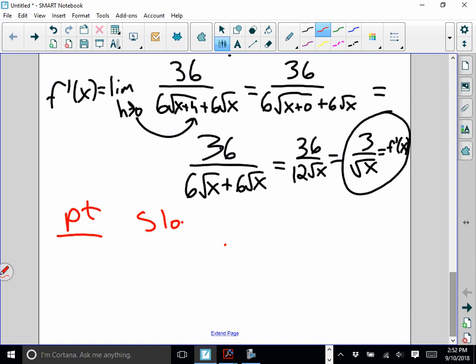Well, we already know the x part of the point is 4. How do we find the y part of the point? Well, y is just f of x. We just plug in 4 into our f of x equation. So we do f of 4, which would be 6 times root 4, which equals 12.